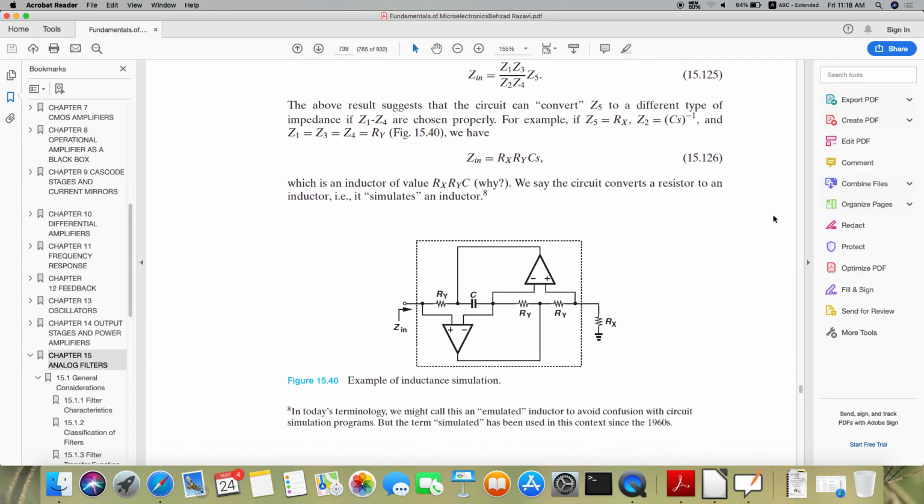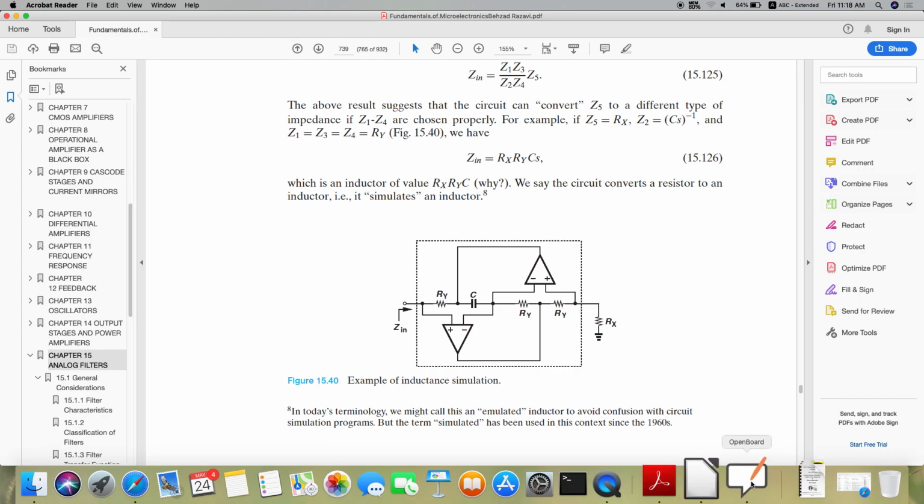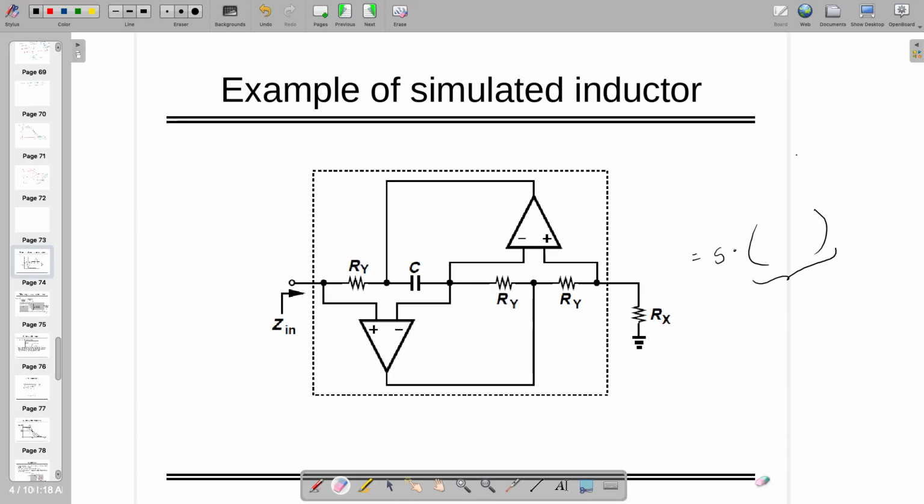So the final answer says that Z1 Z3 divided by Z2 Z4 times Z5, right? So now this is resistance, right?